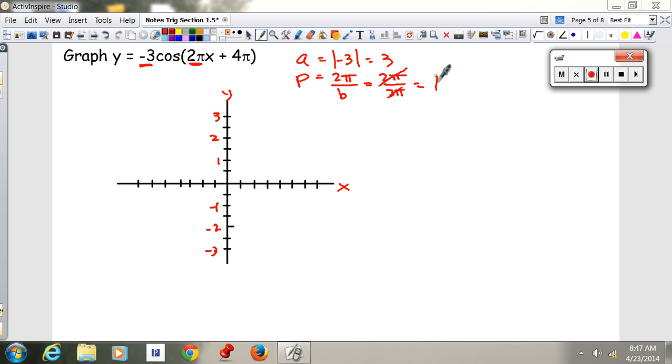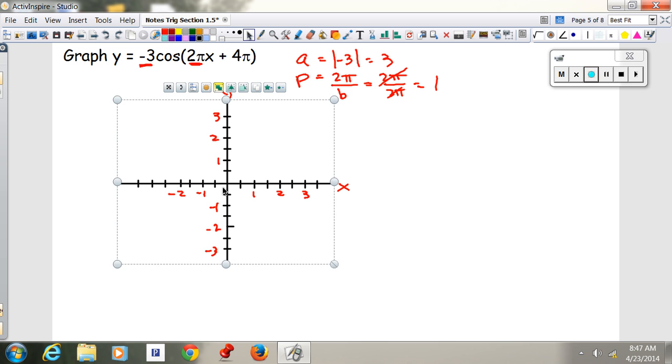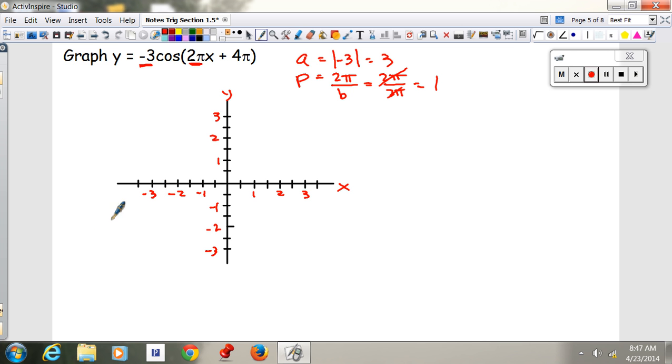So on this one, instead of labeling it by pi's, I'm going to do 1, 2, 3, and I'm also going to do -1, -2. I'm going to shift this over. -1, -2, maybe even a -3 if I want to.